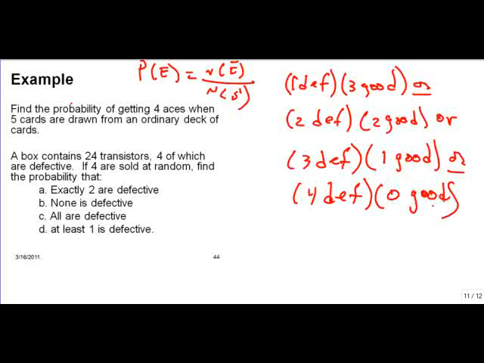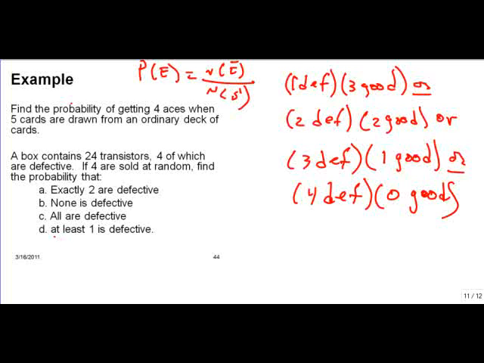All right, so using this combinatorial stuff, we could look at it this way, or we could take the complement. Notice that the complement of at least one defective is that none are defective.